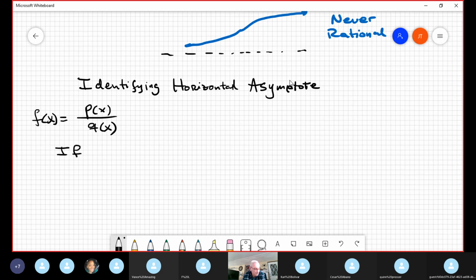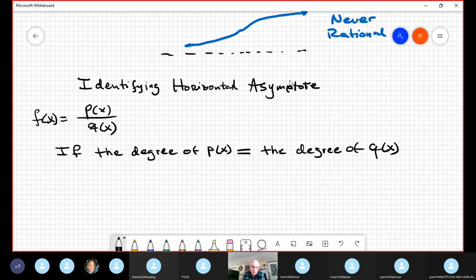If the degree of the polynomial P, which is the top part, is equal, the same degree, as the degree of the polynomial Q, in other words, in easy words, when the degree is the same, the conclusion is that we have a horizontal asymptote. But at what value is the problem?